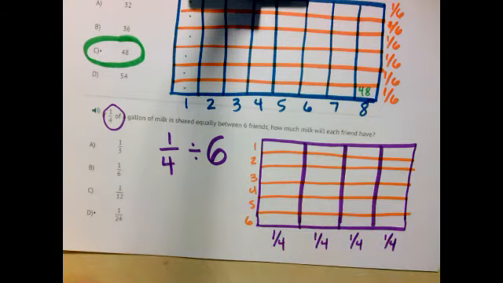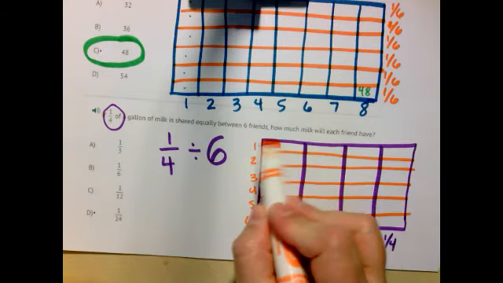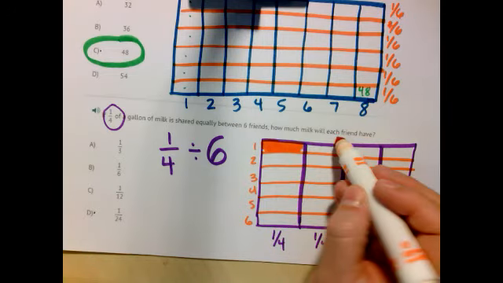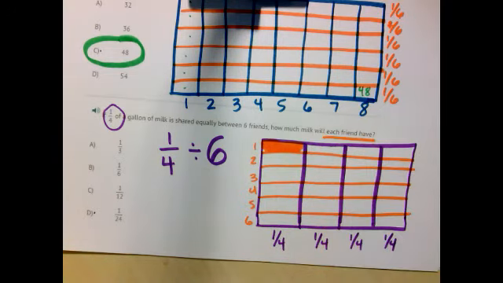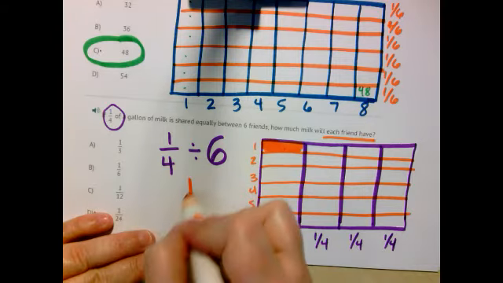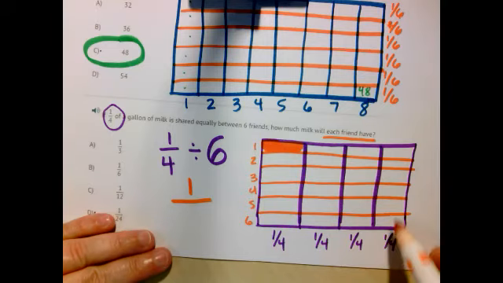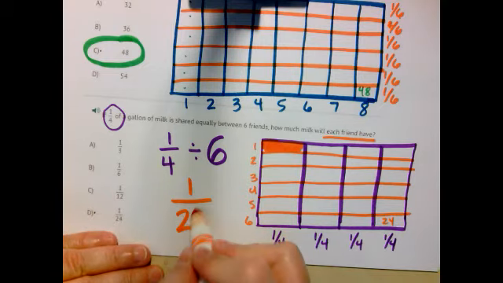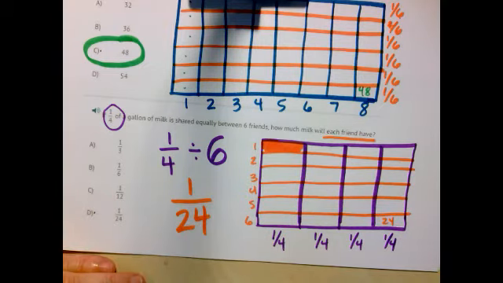If each person gets 1 share of it, because it says how much milk will each friend have. So 1 piece of this, I know they're going to have 1 piece of it, but how many total pieces were there in all? Well, if I counted all these, I know that there would have been 24 pieces here. So they would have gotten 1/24 of the whole gallon, which is D.